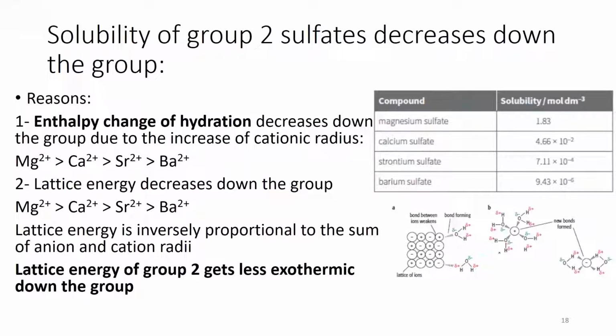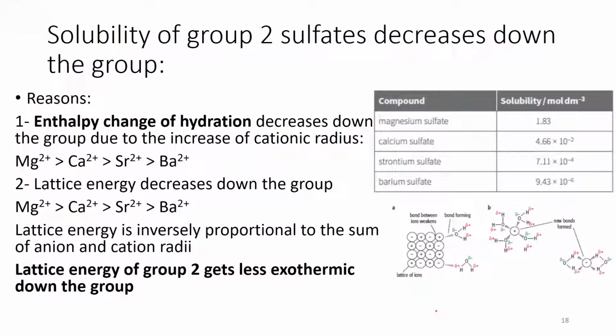This is why the enthalpy change of hydration would decrease, because you are decreasing the attraction between the ions and water molecules. Now, another reason is that the lattice energy would also decrease going down the group. This is the energy that you require to stick the ions together, and it decreases going down the group. This is because it is inversely proportional to the sum of the anion and cation radii.